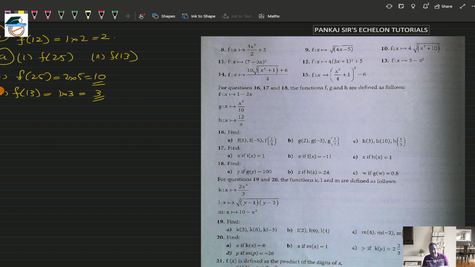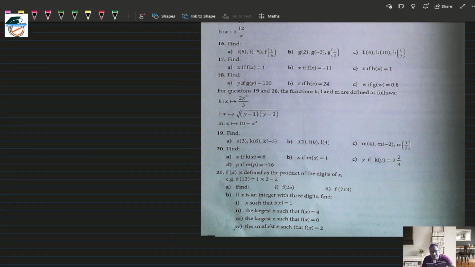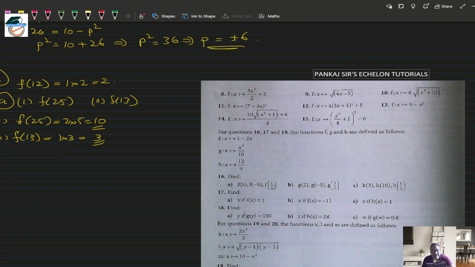21 is given here behind. Is it 21? Let's check again. Okay, it's not 13, it is 713. F of 713.